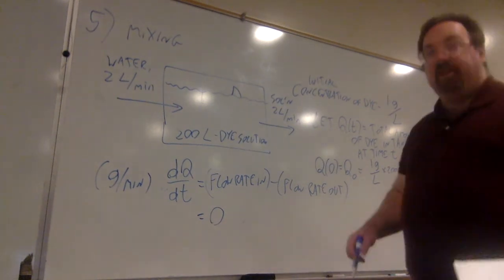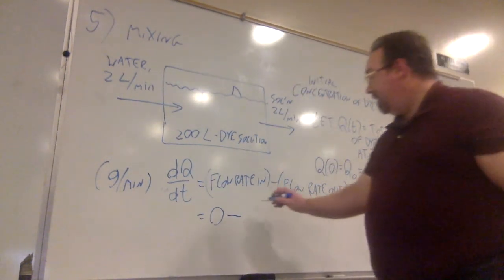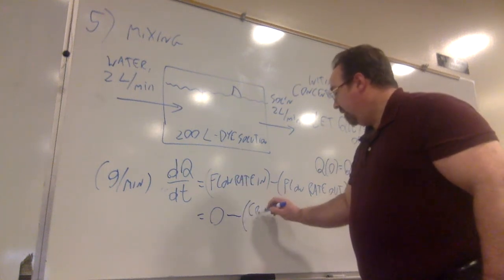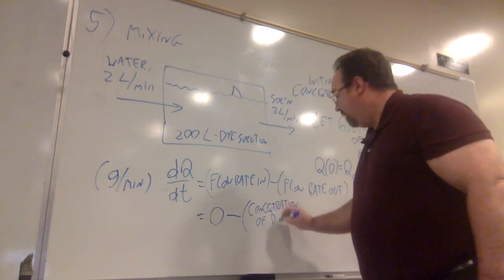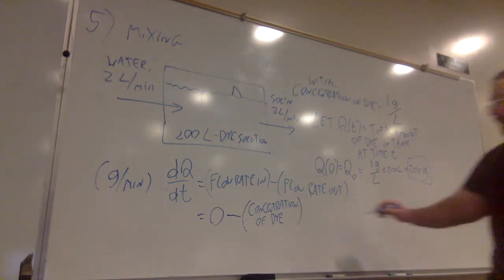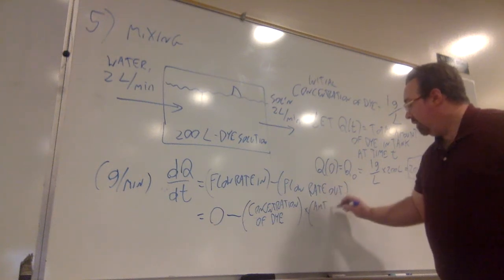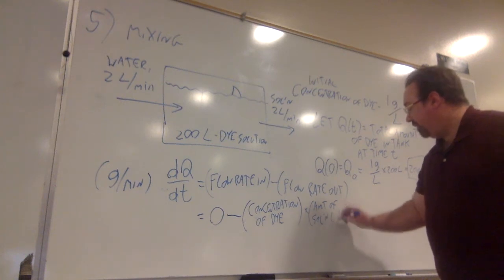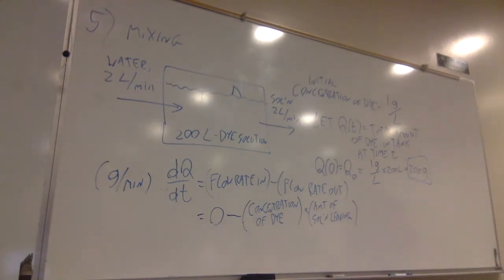So the way we can express that would be the concentration of dye, the amount of dye within a solution, times the amount of solution leaving.